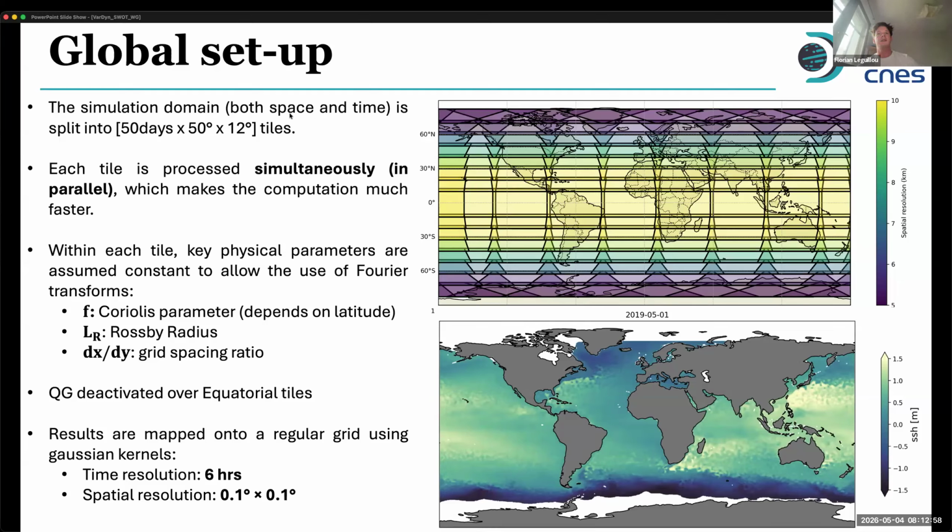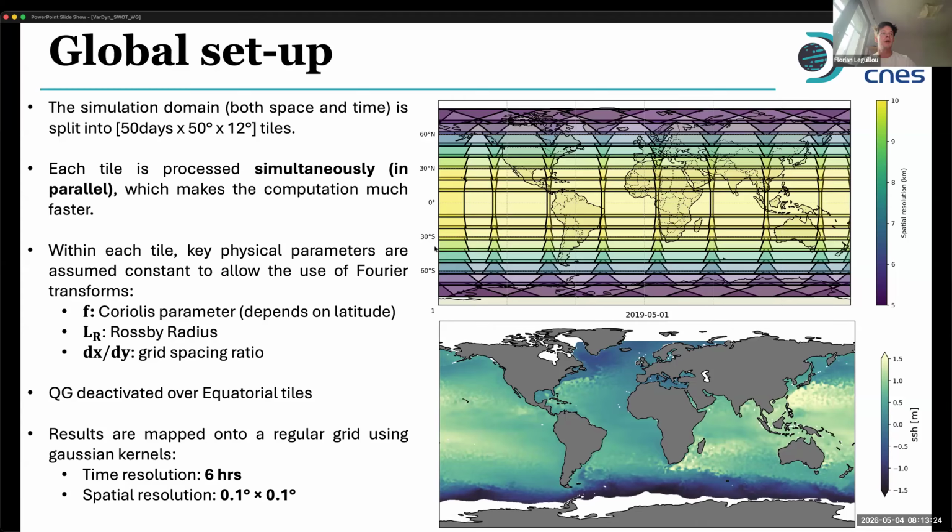One other detail is that, as you might know, the QG is not working in the tropical band. I mean, at the equator it is not defined, and in the tropical band it is not relevant, meaning that the assumptions do not hold. So the basic thing here is just to use an identity model in the forecast.